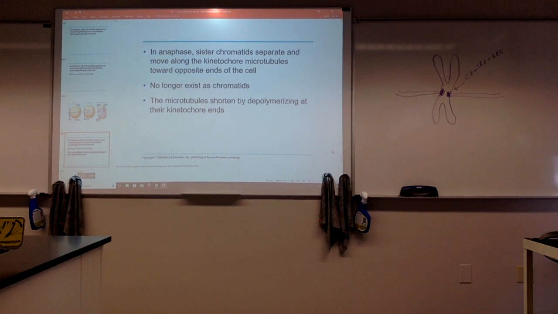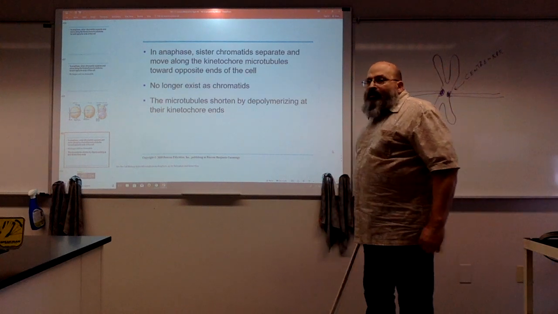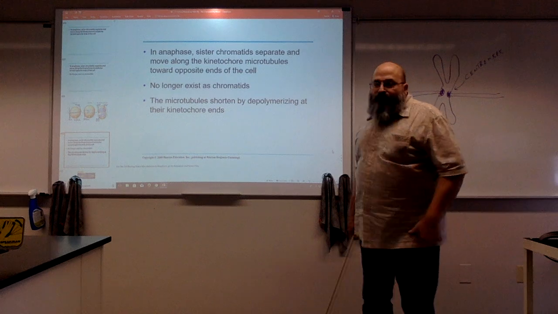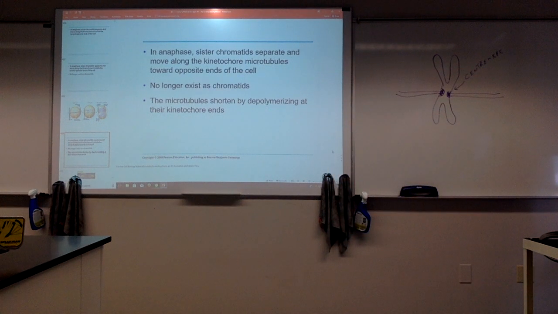Polymerizing basically means making a polymer, and there's a process that makes a polymer. What is depolymerizing? It's hydrolyzed at the end? Yes, hydrolysis is occurring at the end. Depolymerizing, in other words, breaking it down. So the microtubules will shorten by depolymerizing at their kinetochore ends.